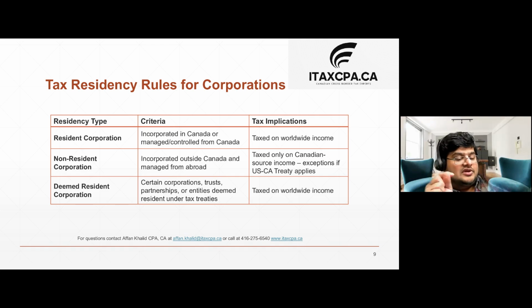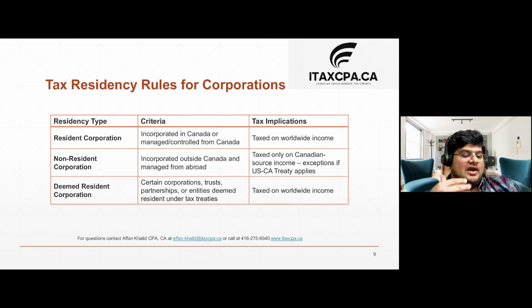However, the good thing about the US-Canada tax treaty is that there's a tiebreaker rule for corporations, which says that if a company is incorporated in the US, it is a resident of the US, and if a company is incorporated in Canada, it is a resident of Canada.